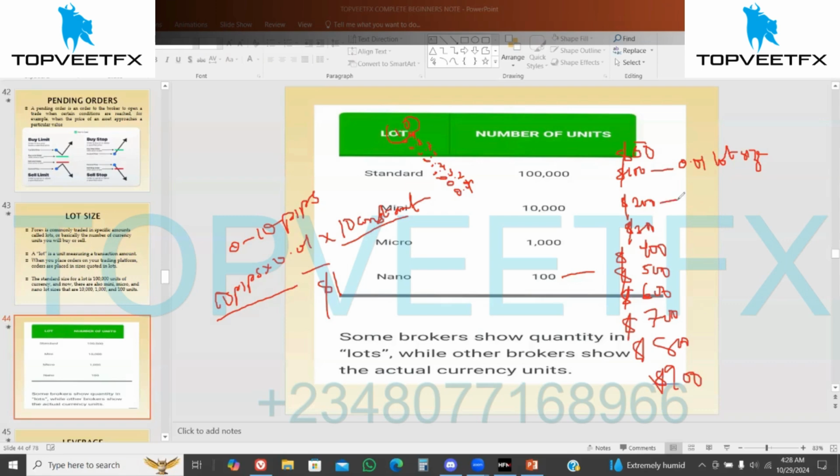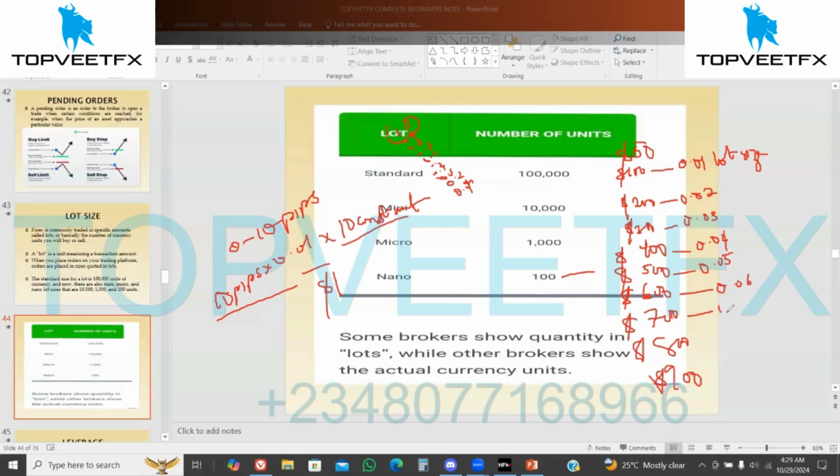On your $200 account, you are not supposed to use more than 0.02. On your $300 account, not more than 0.03. On your $400, not more than 0.04. On your $500, not more than 0.05. On your $600, not more than 0.06.